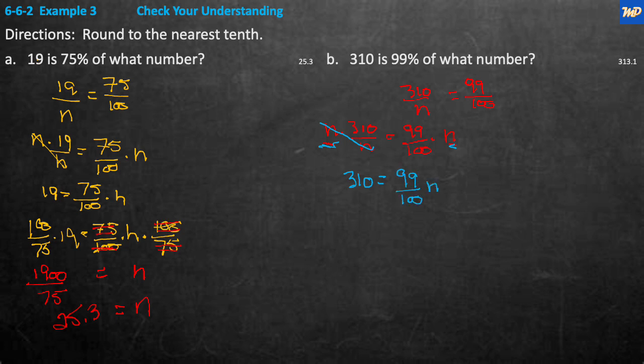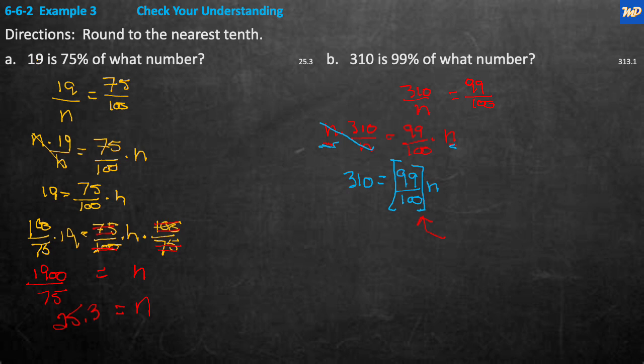Well, as we did in this previous example, we could go through multiplying both sides by 100 and then dividing both sides by 99, or we can just multiply both sides by the reciprocal of the coefficient. Here's the coefficient of n. We can multiply by the inverse of that, or the reciprocal.